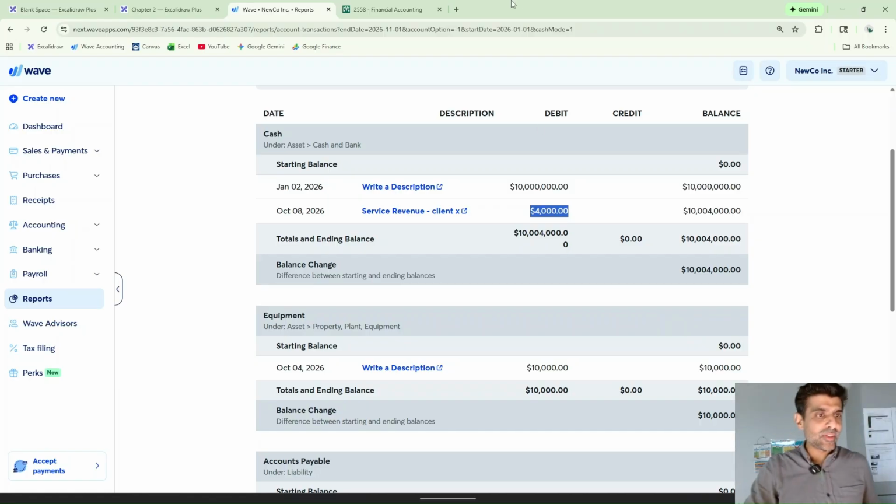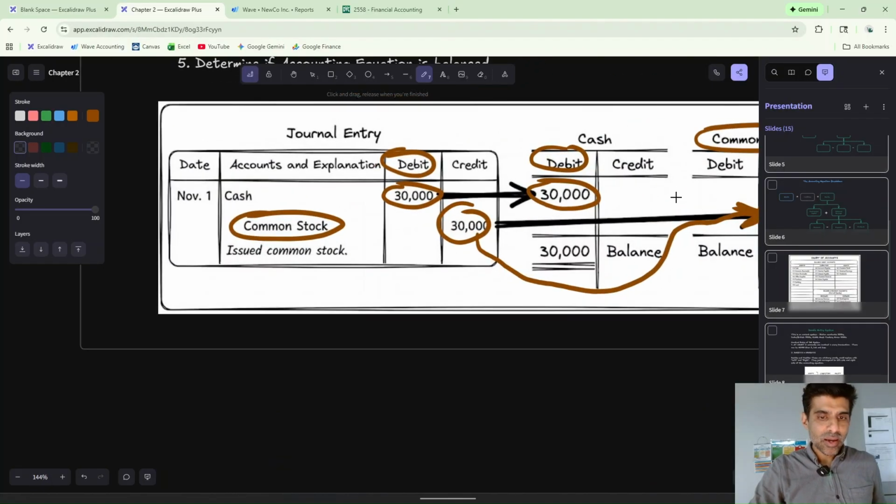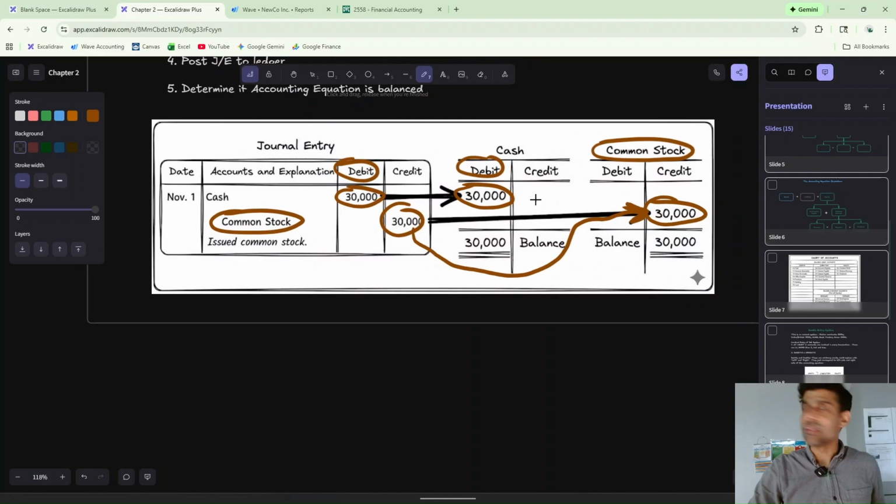We talked about this idea of posting, where we have the journal entry, and then it updates the balances. It puts the debit or credit in the right spot in the account. So this software is automatically posting it. That's why you won't actually have to ever deal with T accounts. The software is managing the T account for you. But you need to understand the link between the journal entry and how that account balance gets updated.